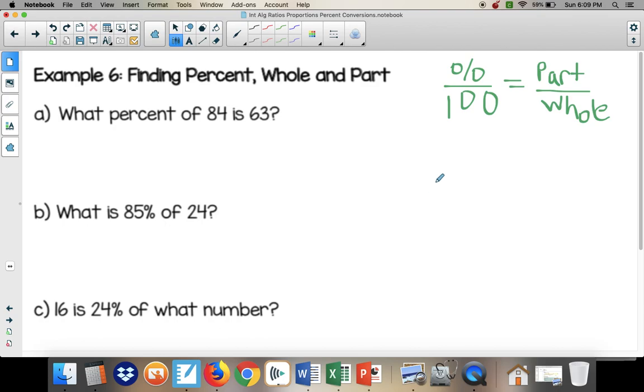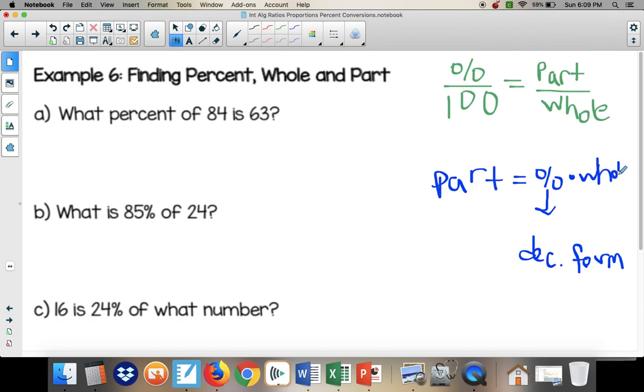So part equals percent in decimal form times whole. So there you go.